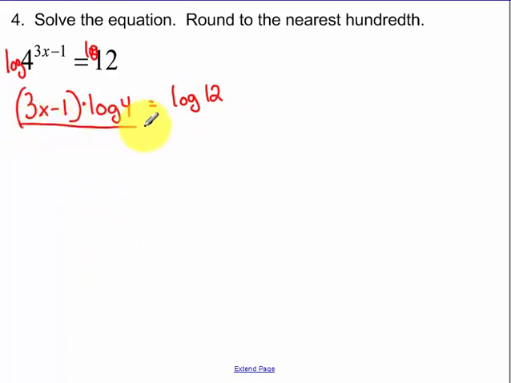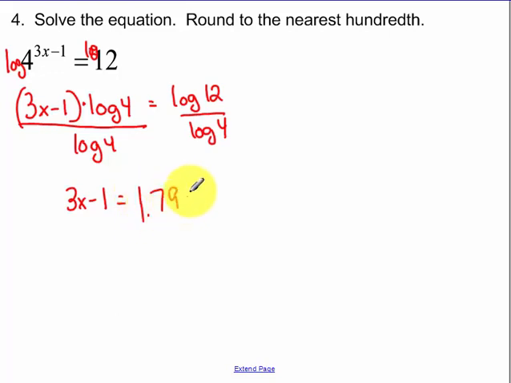Now, divide by what's out in front. So I get 3x minus 1 is equal to this crazy logarithm. Find out what that is. That is 1.792481125.